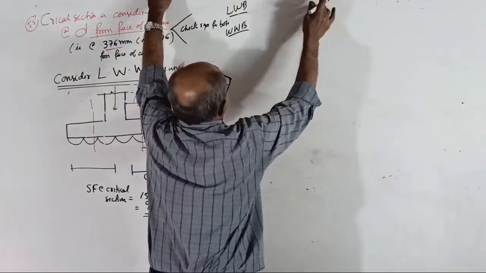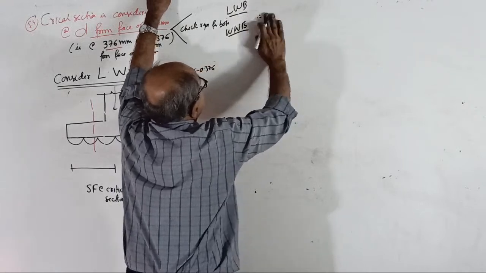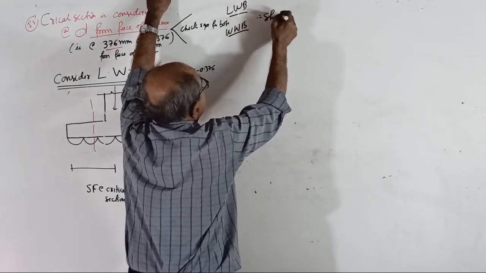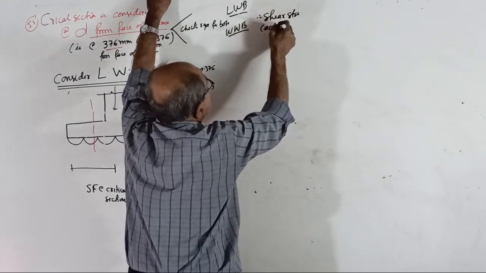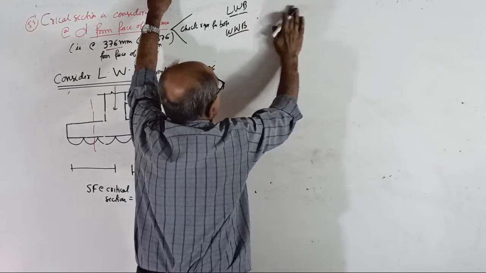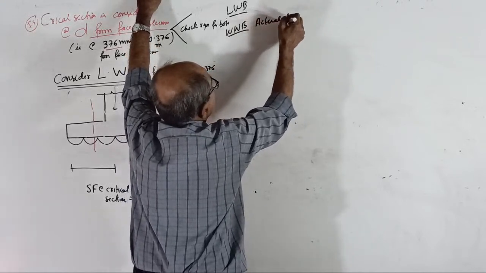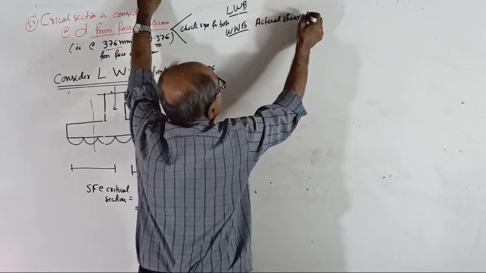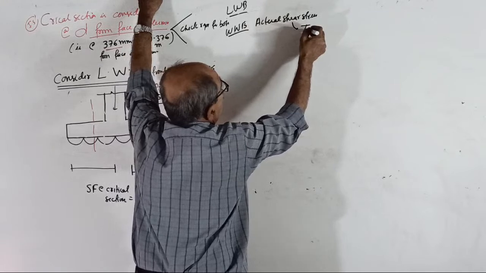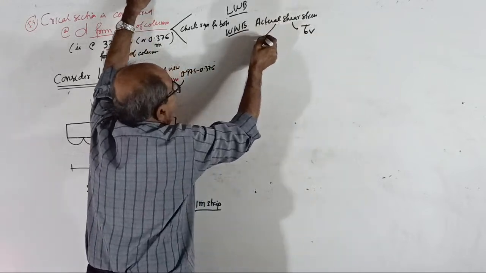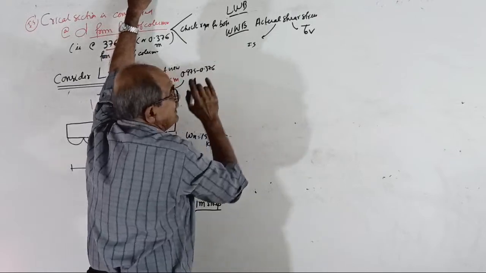Okay, now start. Therefore, calculate shear stress. That is the actual shear stress. To make it more clear, I will write actual shear stress. That is called tau V, which IS code foolishly called nominal shear stress.